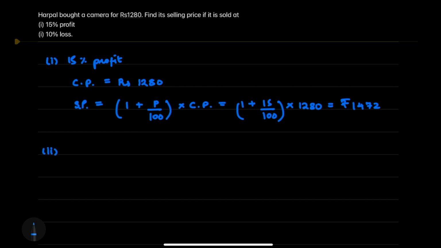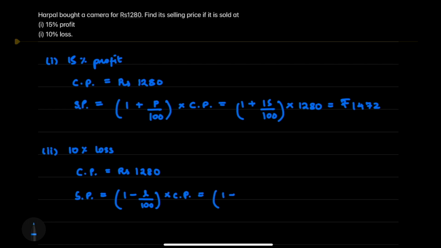Let's look at the second scenario where we sold it at a loss of 10%. So again, we have the cost price of 12,800. And through the rule of thumb, we know that the selling price would be 1 minus loss over 100 into cost price. And this comes out to be 1 minus 10 by 100 into 12,800.